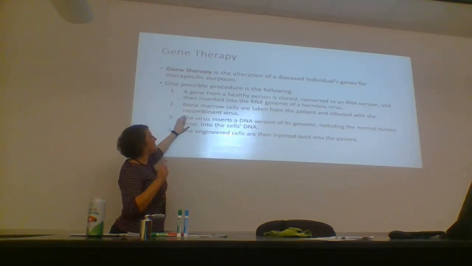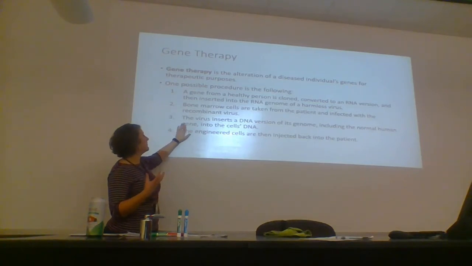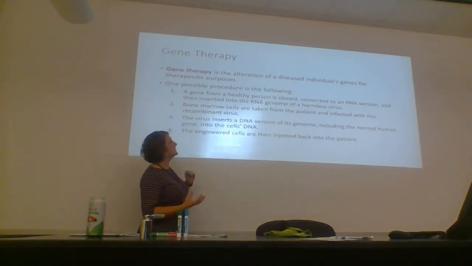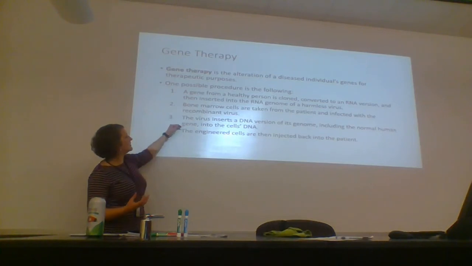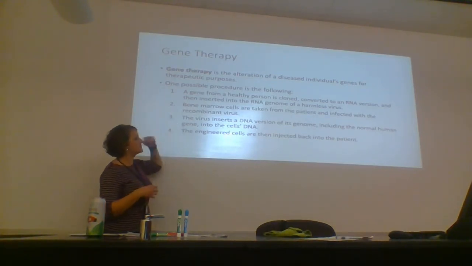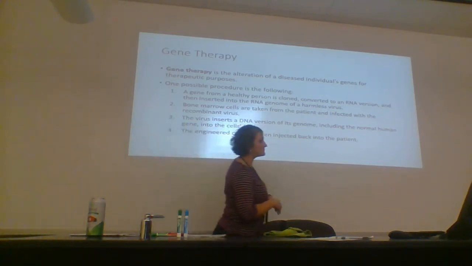Maybe bone marrow cells taken from a patient are infected with that particular virus that's got the RNA in it. The virus will then insert the DNA version into the genome, including the normal human genome in the cell's DNA. And then the engineered cells are injected back into the patient.